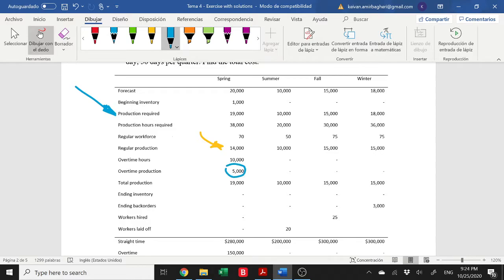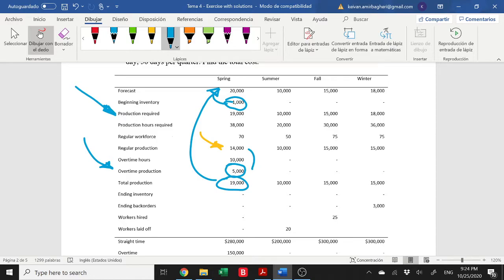We should produce 5,000 units of our production during the overtime period, that in the future we'll see what are the costs that we pay for this period. With these two productions, 14,000 and 5,000, we can produce a total of 19,000, and with the beginning inventory of 1,000, we can answer the total need of 20,000 units of production of spring.